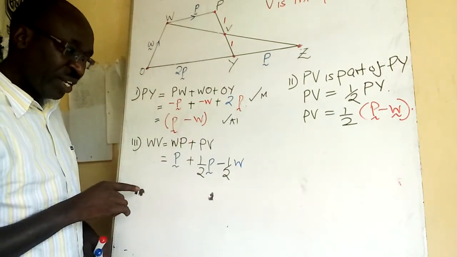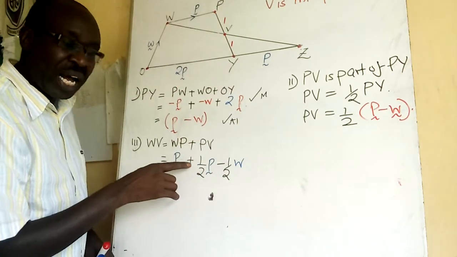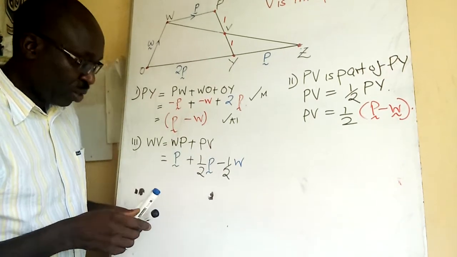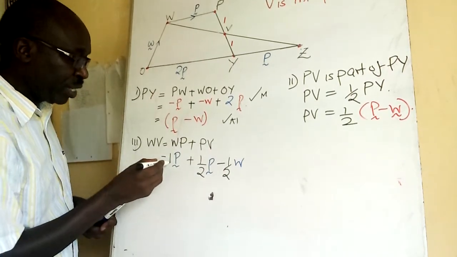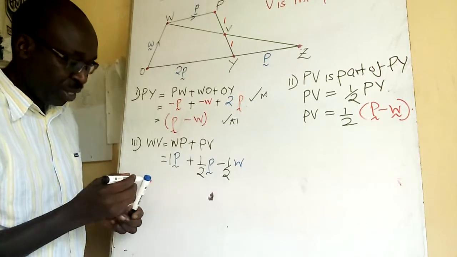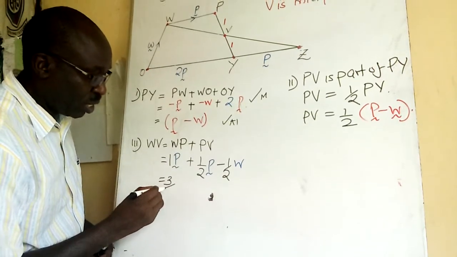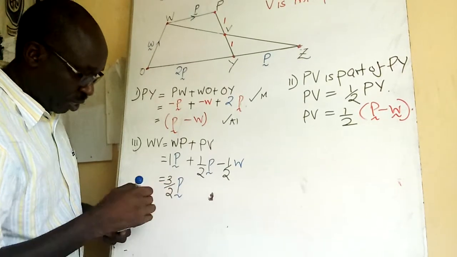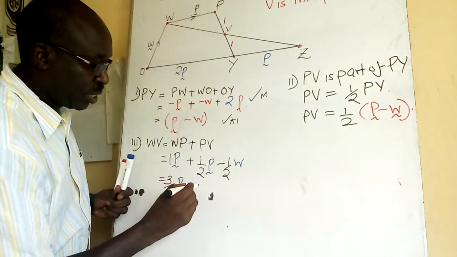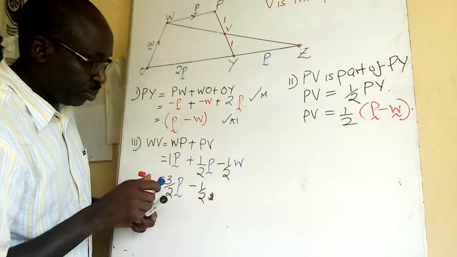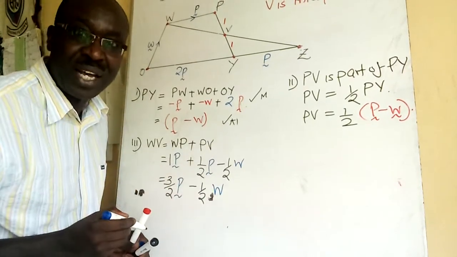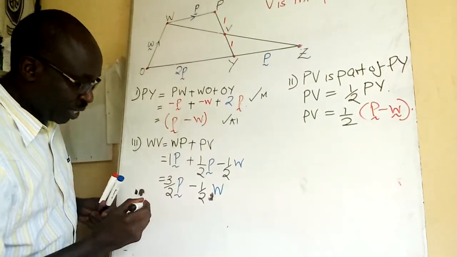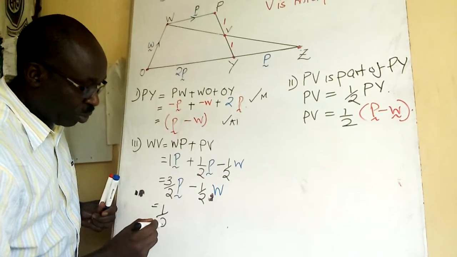So what does it mean? P plus a half P. This one we can say 1P plus a half P. This is 3/2 P. And then minus a half W. See there? Then we can say a half is common.